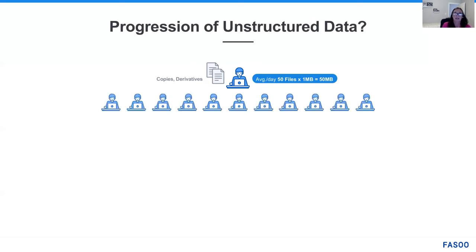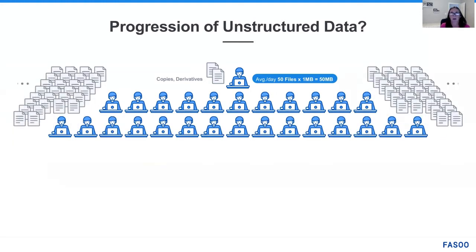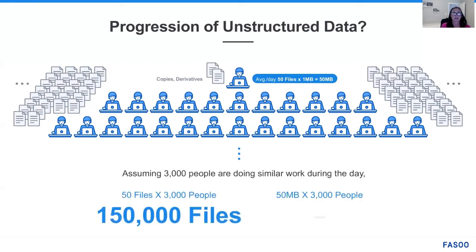Now, multiply that by, let's say, 3,000 people in your company doing the same or similar work. You take that 50 files and multiply that by 3,000, and you've now got 150,000 files, or 150 gigabytes of data. That's a lot, and it's a lot of data that is largely not protected.